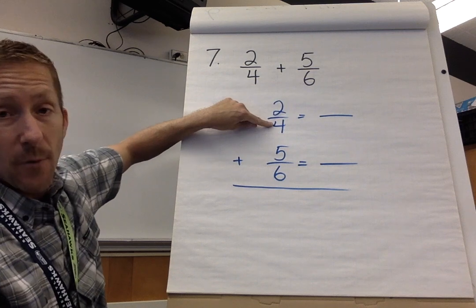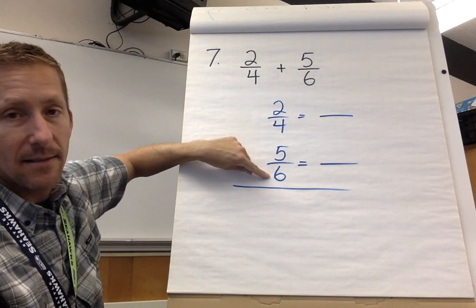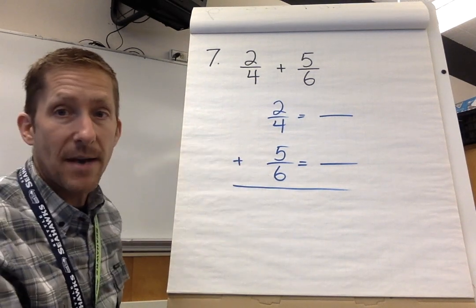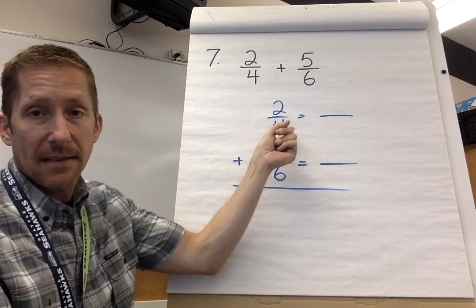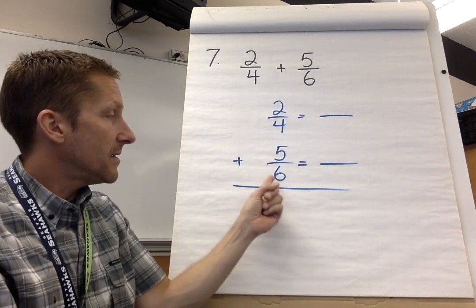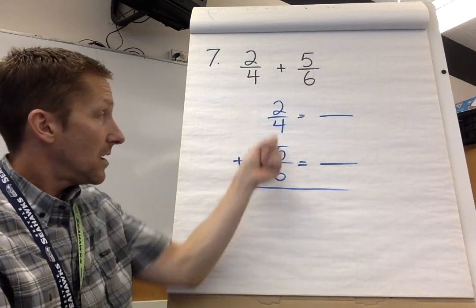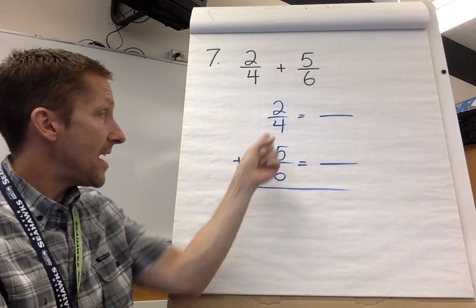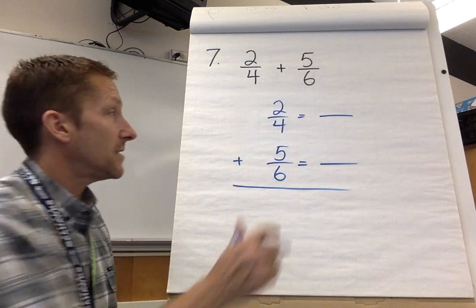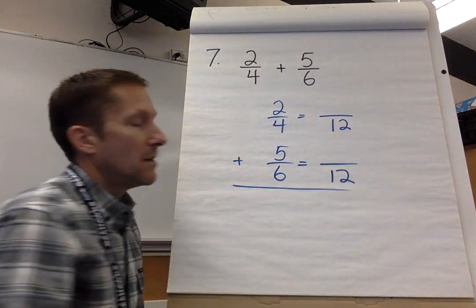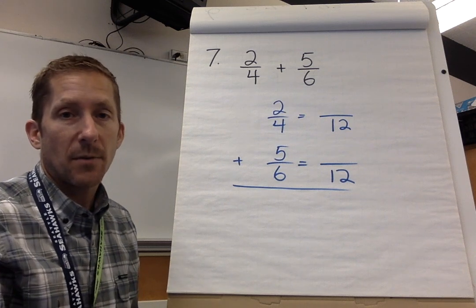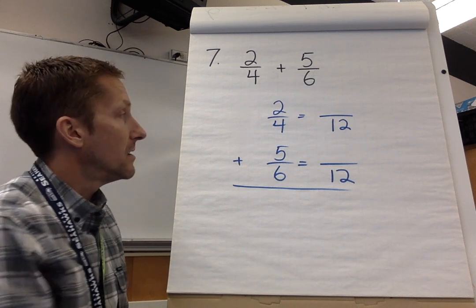If I count by 4s and I count by 6s, the first match is the best pick. 4, 8, 12, 16, 20, and so on. 6, 12. There's my first match. If I count by 4s and I count by 6s, 12 is my least common multiple or least common denominator.